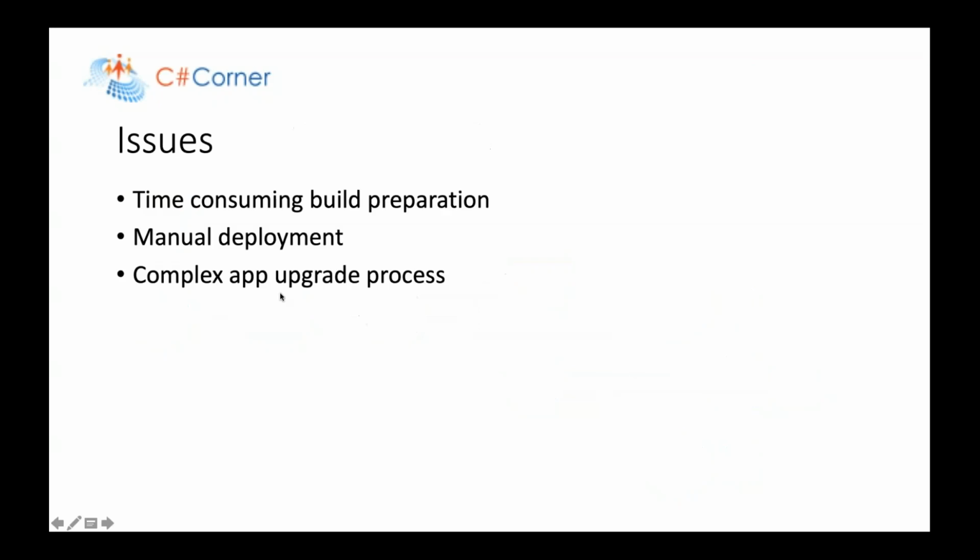If you look at the previous diagram, as I mentioned, these are the top issues: it's time consuming, it's a manual deployment, and there is a complex app upgrade process. Sometimes, let's say you have deployed an app in multiple site collections, upgrading that app again is going to take more time. With 2 additional properties in SharePoint Framework, I will show you how we are going to avoid that.